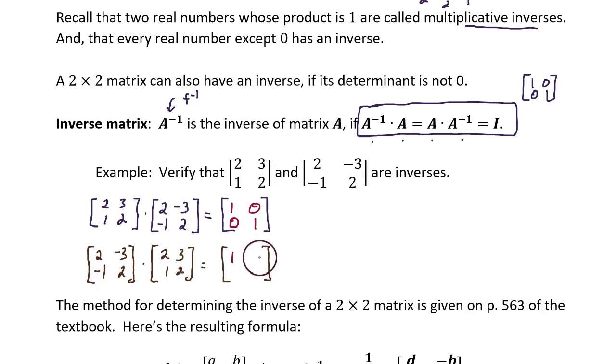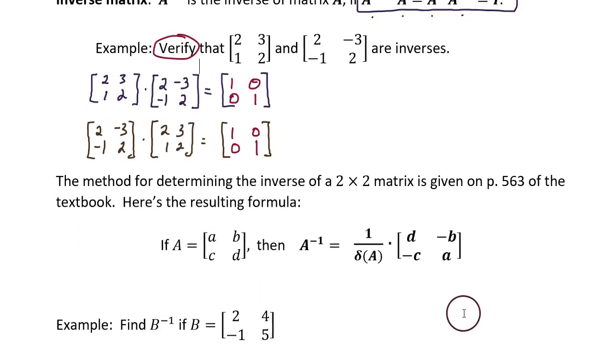Now let's do this top right number. 2 times 3 is 6, plus -3 times 2, which is -6, and that does make 0. Now we'll do this bottom corner by using the second row and the first column, and that does make 0. And finally, we'll do this last number by using the second row and the second column, and it does make 1. So because we get the identity matrix both times, that is our verification that these two matrices are inverses.